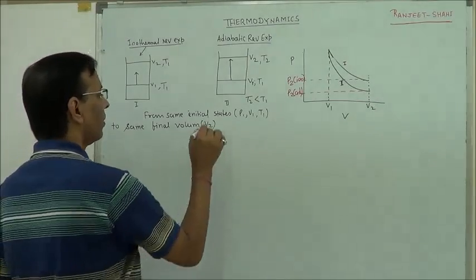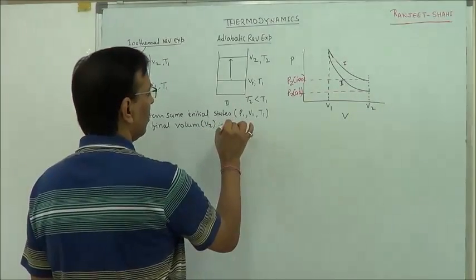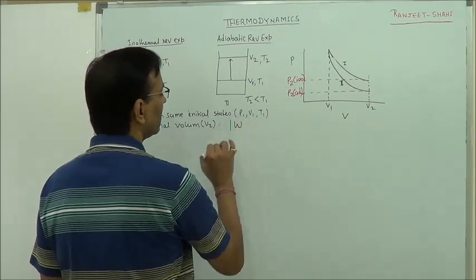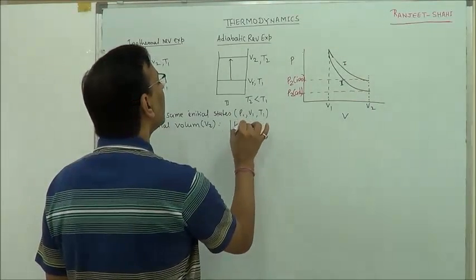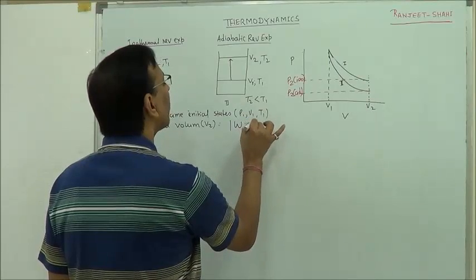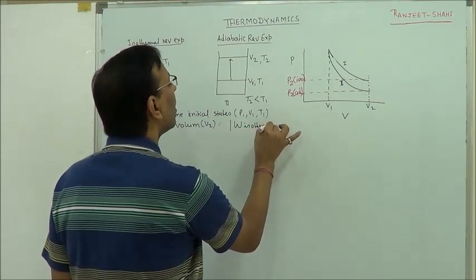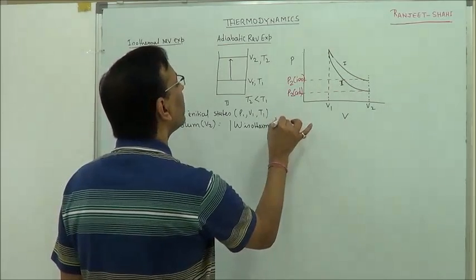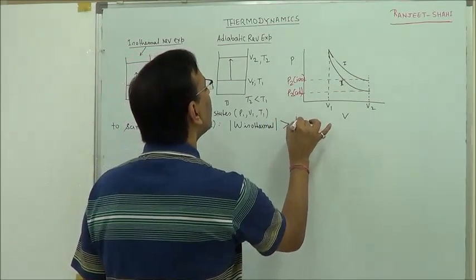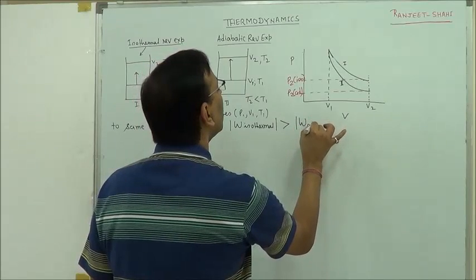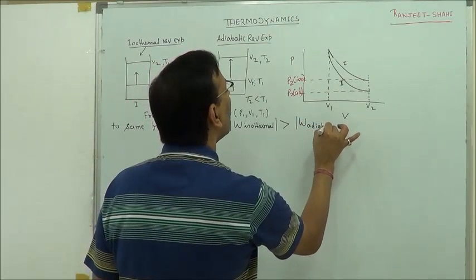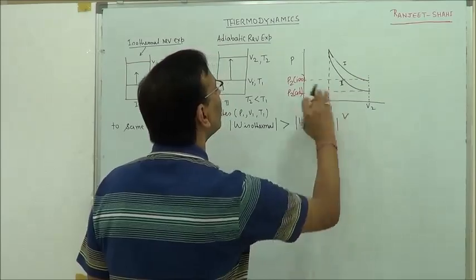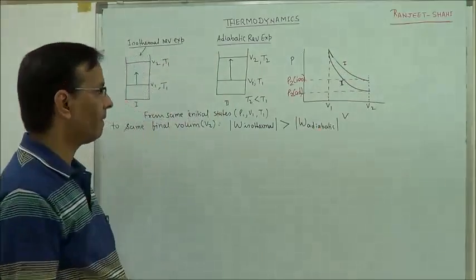In that case, the magnitude of the work done in the isothermal process is greater than the magnitude of work done in the adiabatic process, which we have shown here.